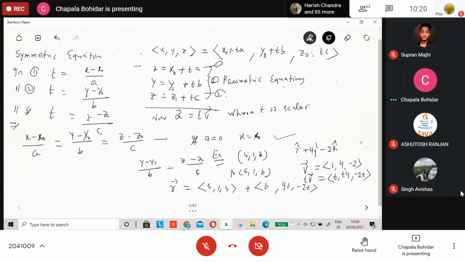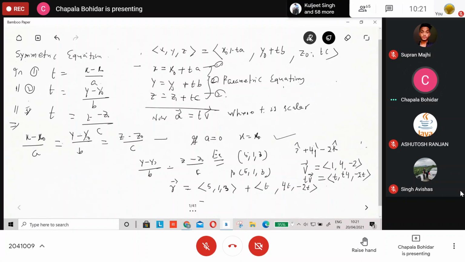You can write it like this, or you can write it as (5 plus t) i cap, and then (1 plus 4t) j cap, or plus (3 minus 2t) k cap. Both are correct.